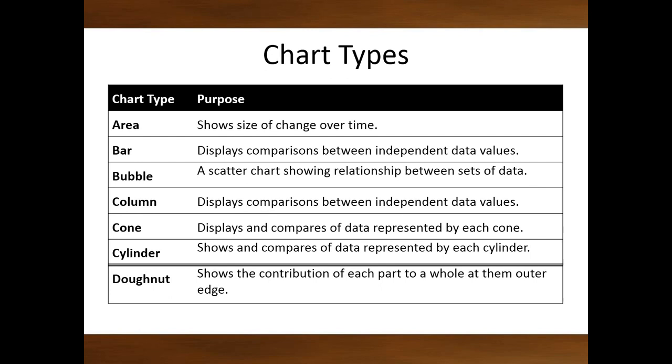The column chart displays comparison between independent data values. Then we have the cone type of chart, and this displays and compares data represented by each cone.